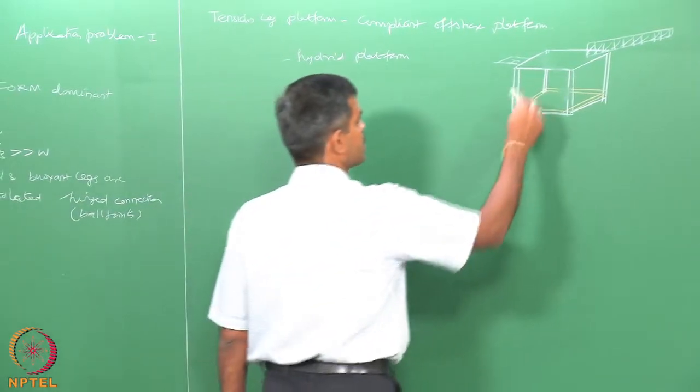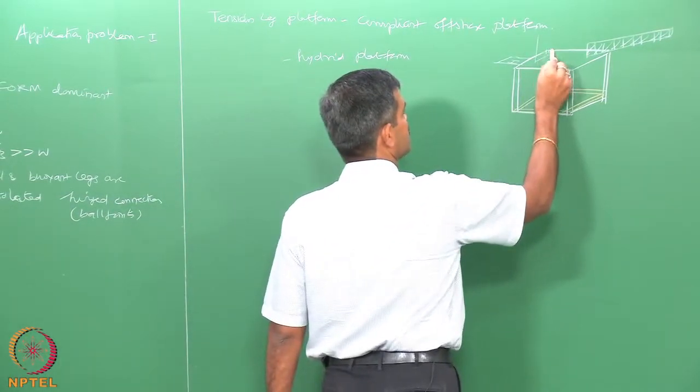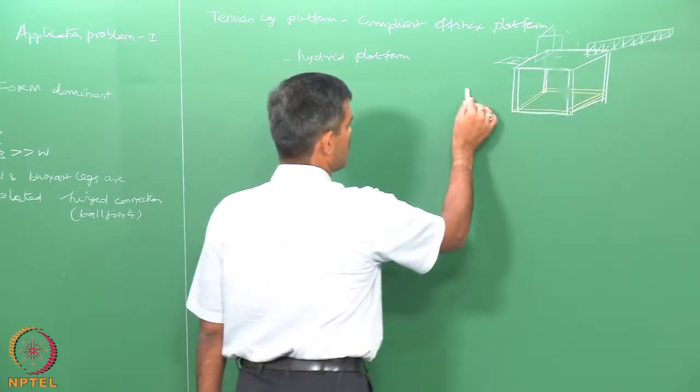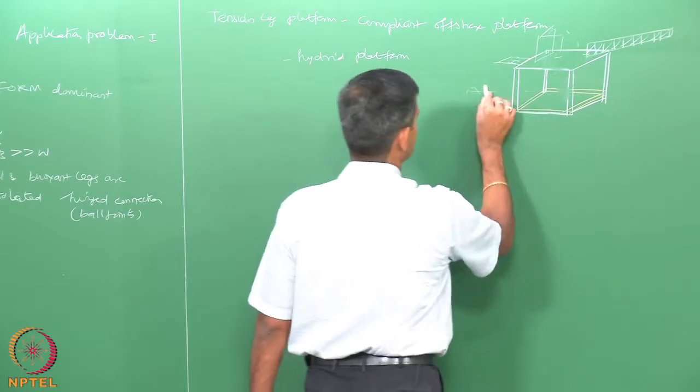It is a multi-tier system, let us say the machine room, etc., all complications. So, the water level approximately is here, that is the mean sea level.